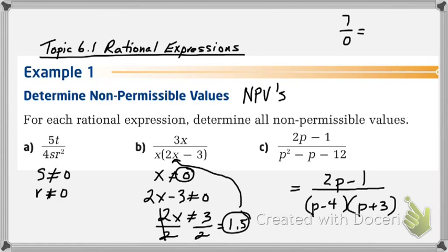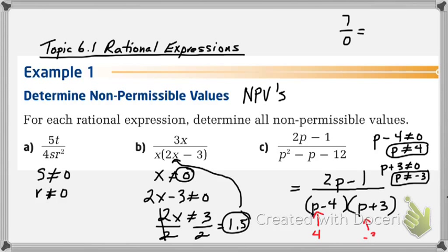Now, p minus 4 cannot equal 0, which means p cannot equal 4, and p plus 3 cannot equal 0, which means p can't be negative 3. Those are our two non-permissible values. So again, 7 divided by 0 up at the top means it's going to be undefined.